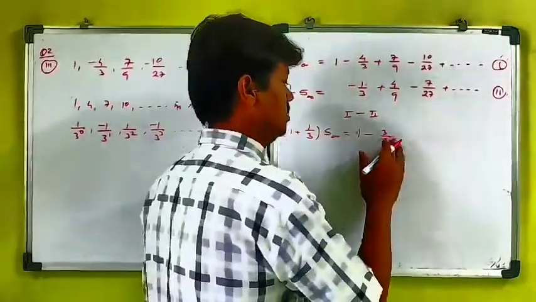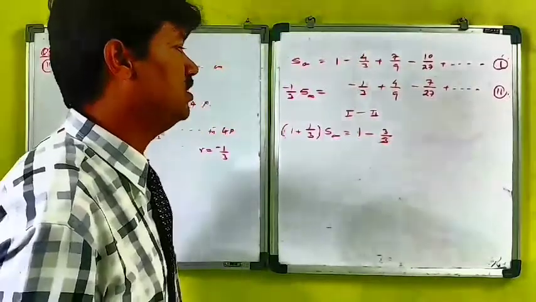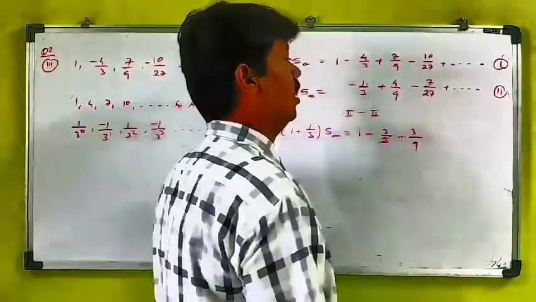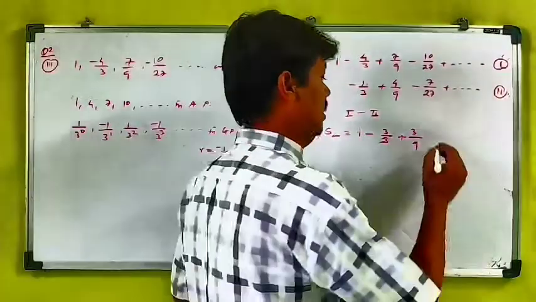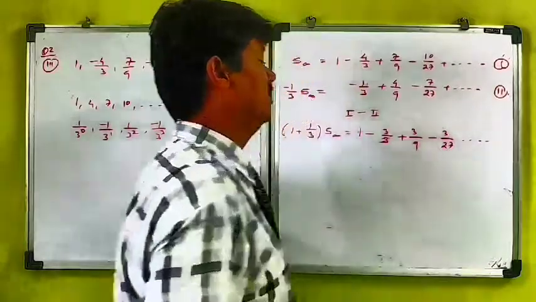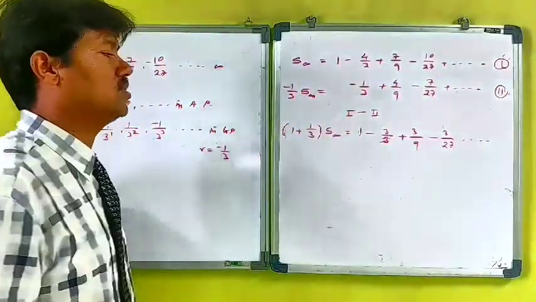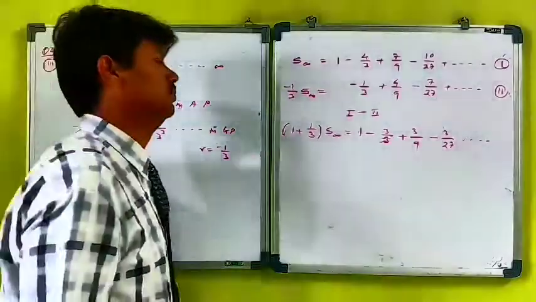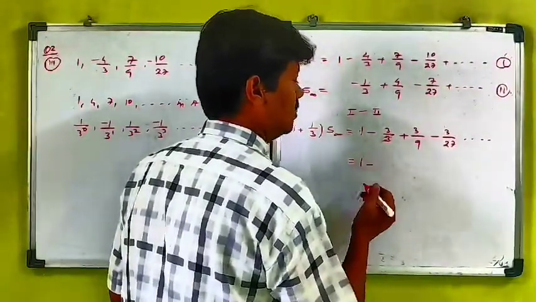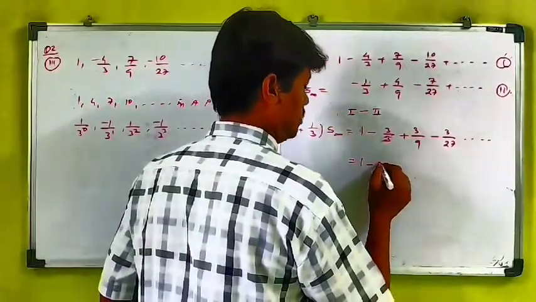The next is 7 minus 4, which is 3 upon 9. So there is 3 upon 9. Then minus 3 upon 27. So it is like this. So if you take this 3 as common here, 1 minus 3 as a common.